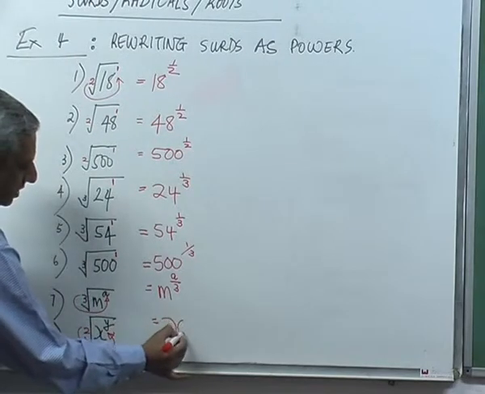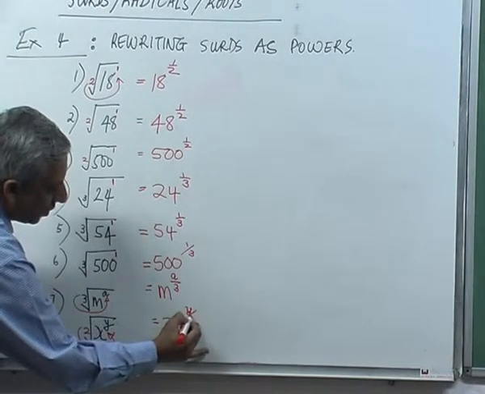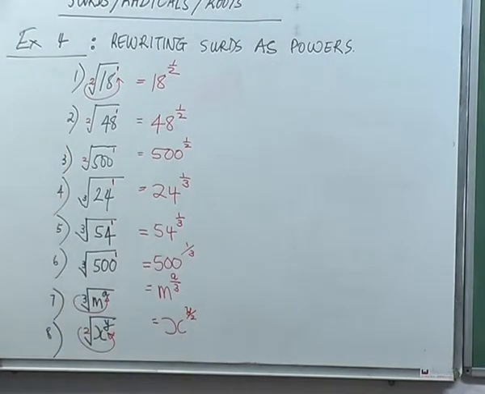So the base is x, and the index is y over 2. Right? So that was converting surds into powers. Alright, and I hope you did well there.